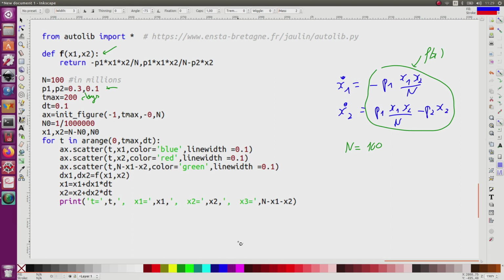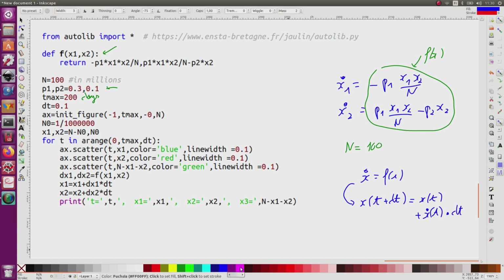Recall indeed that if I have a state equation of the form x dot equal f of x, then the Euler method tells me that x at time t plus dt, where dt is small, so here small means 1 day divided by 10, which corresponds to something like 2.4 hours, which is small compared to the time constant of this system, is equal to x of t plus x dot of t multiplied by dt.